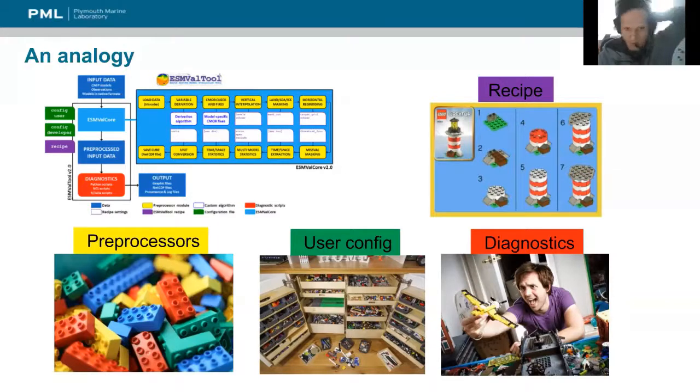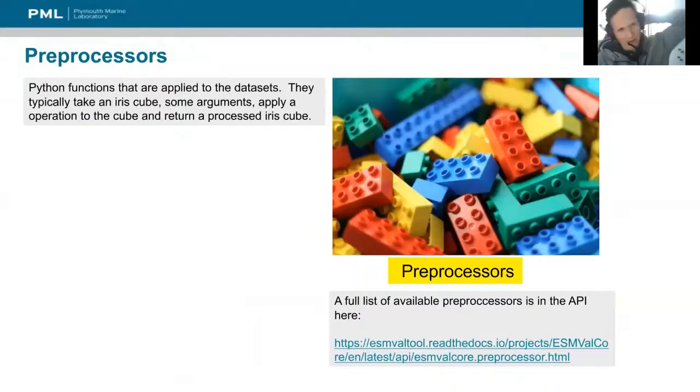So the preprocessors, which you guys know a little bit about. It'll take an iris cube, some arguments, and then apply an operator to the cube and return another cube.